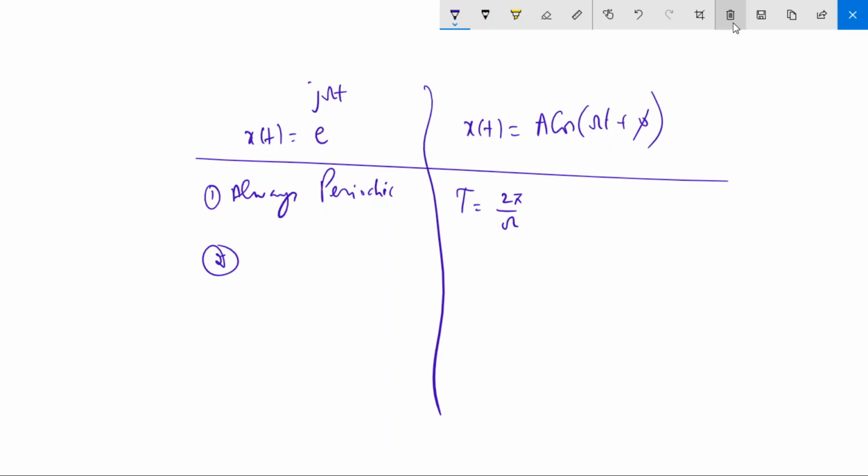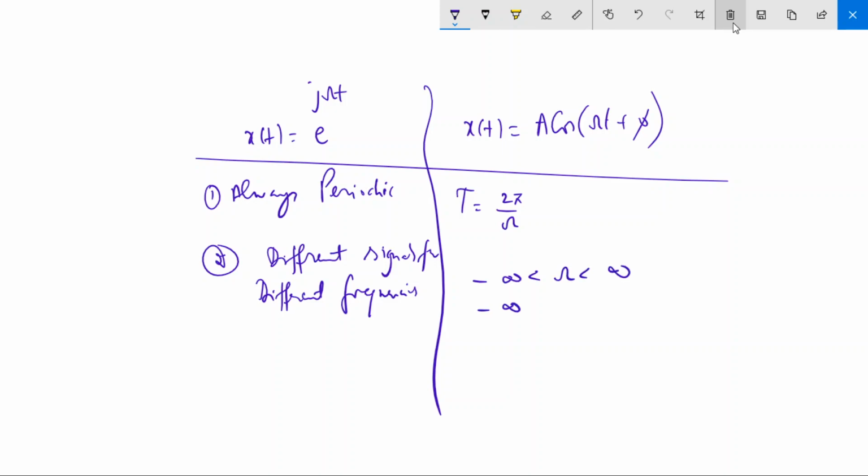Second, the signals themselves are different; you get different signals for different frequencies. Based on this, you have an infinite frequency range, whether you write in terms of omega or f, in continuous time signals.